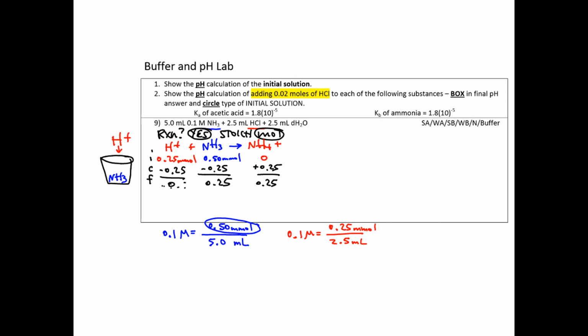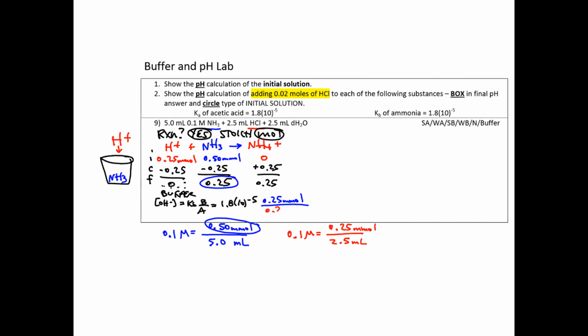So now I look at this and I say I have a buffer shortcut. I'm going to go ahead and use the OH minus concentration shortcut. So Kb times B over A. Kb is 1.8 times 10 to the minus fifth. The base is this 0.25. That's in millimoles. You're allowed to use moles, millimoles, or molarity for the shortcut.